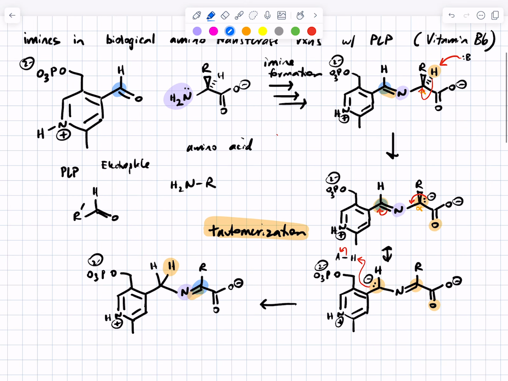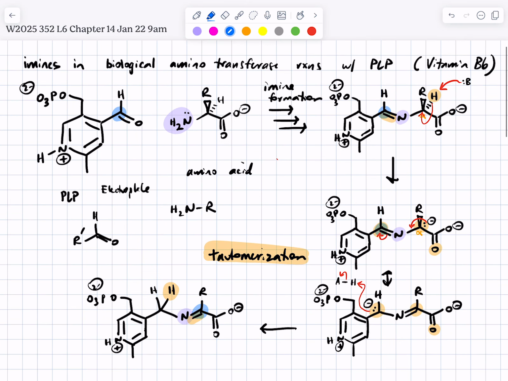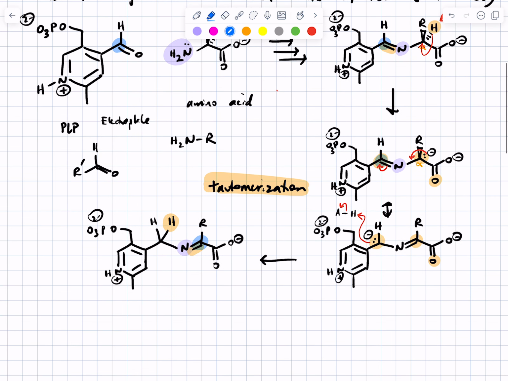So the effect of this reaction because of tautomerization is, well, you make the imine first, you tautomerize, and that switches which is the sp3 carbon and which is the carbonyl carbon. The question is, we've always talked about carbonyl carbons as doubly bonded to an oxygen.